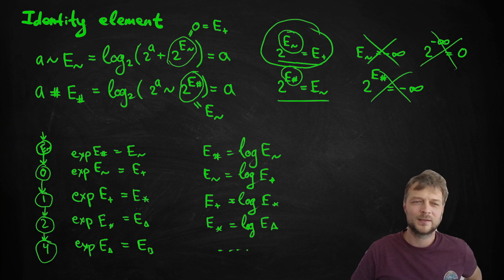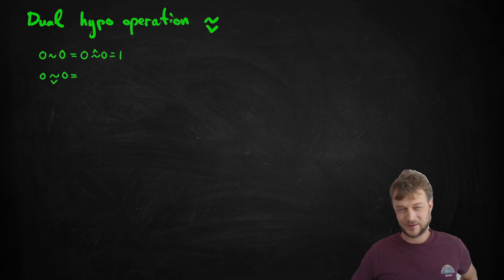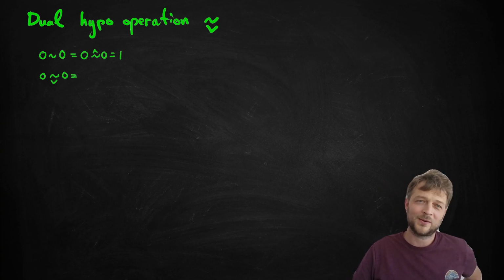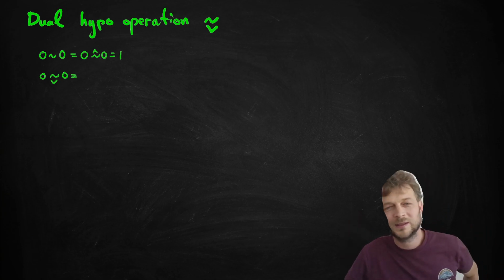Okay, let's move on. Let's consider the dual operation for tilde. In our standard procedure for dual operations, we consider that the operation without a hat is just a standard operation.